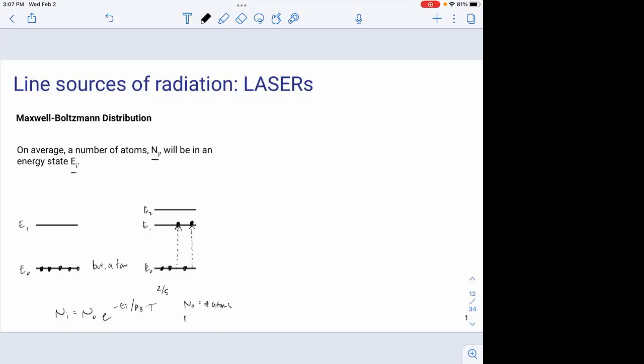N is the total number of atoms, and I is the level. E sub I is the energy of that level, T is temperature in Kelvin, and K sub B is the Boltzmann constant.